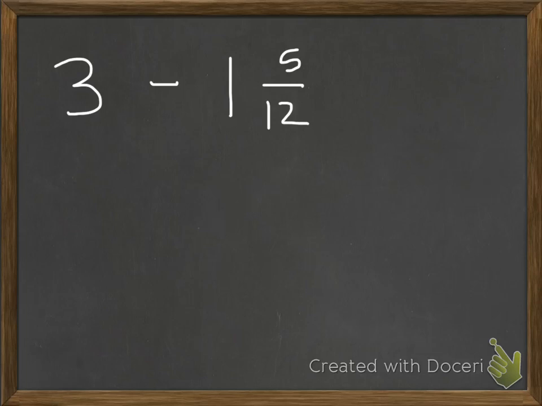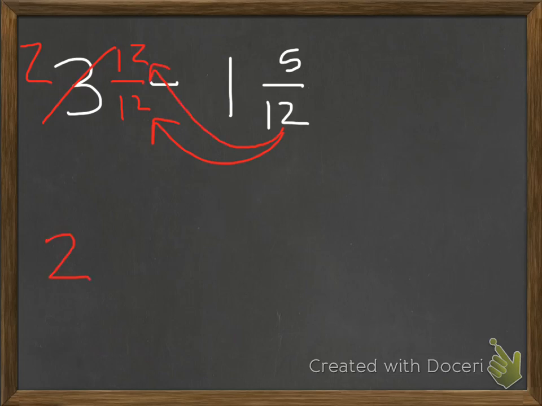So can't take 3 with no fraction minus 1 5/12. So I'm going to take 1 away from here and make my fraction to be 12 because, again, my denominator is going to be my numerator and denominator for the new fraction.